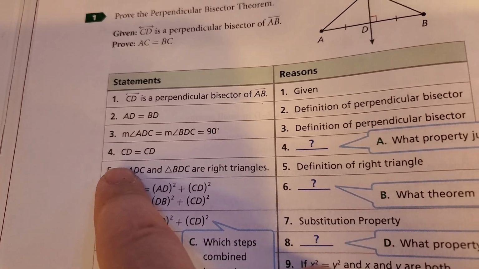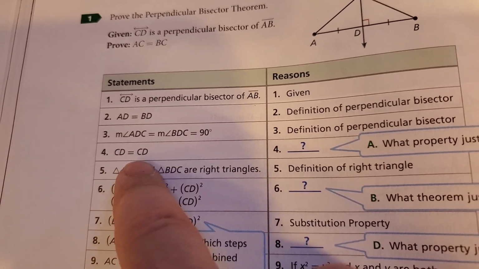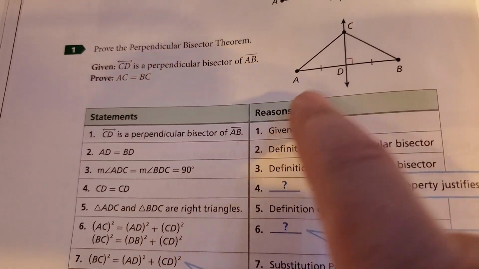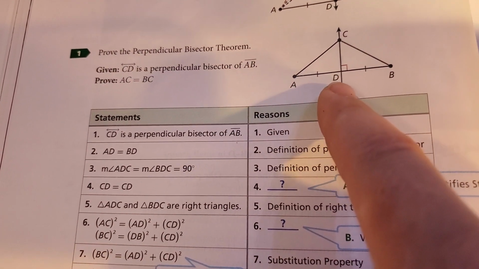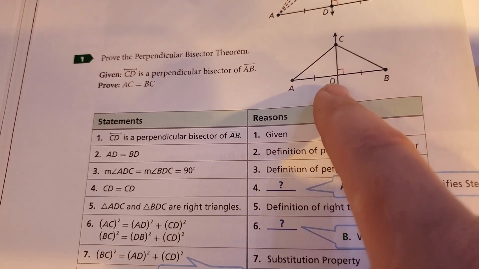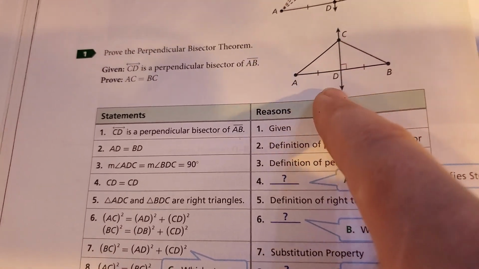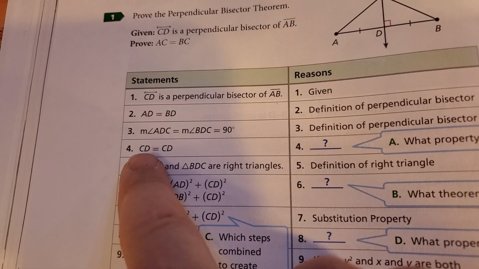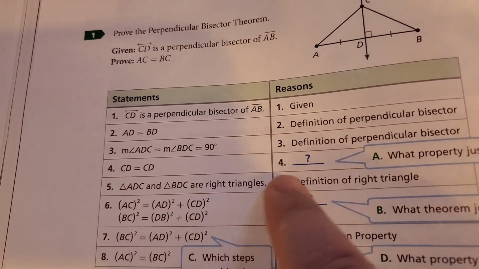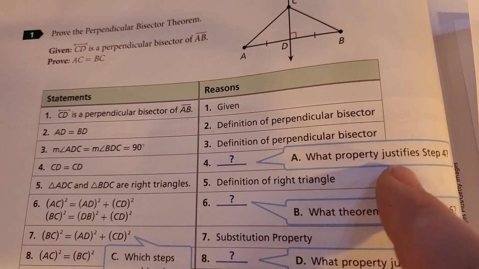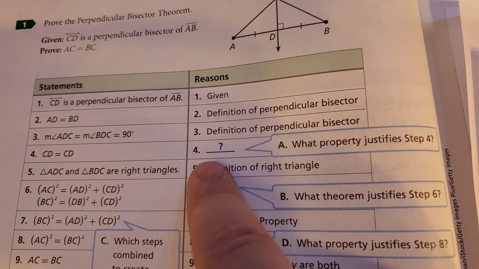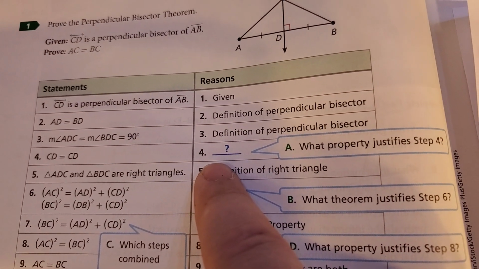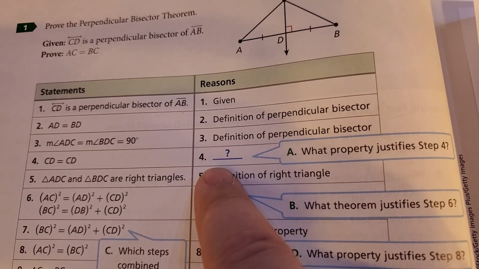All right, that gets us up to step 4. In step 4, they state that CD is equal to itself. In the picture, CD is the segment running right down the middle. So they're saying that CD equals CD. Any segment you could say is equal to itself, and you're making use of a certain property. Let's see if you remember your properties that I helped cover earlier when we started doing algebra proofs.